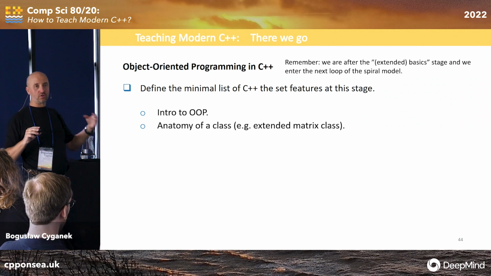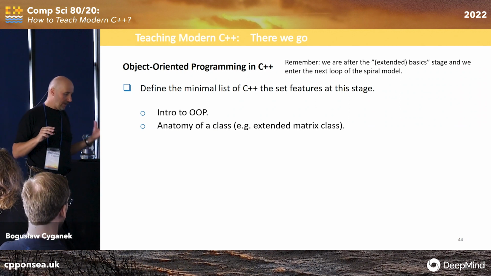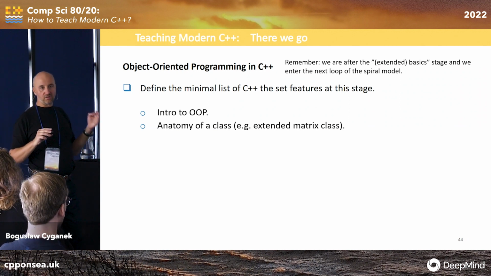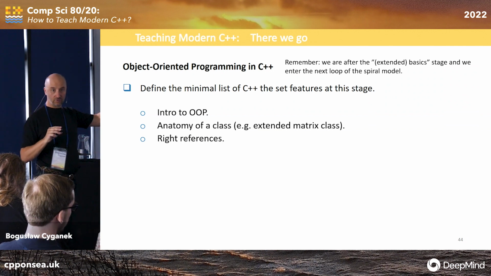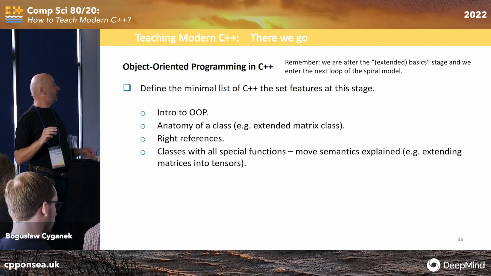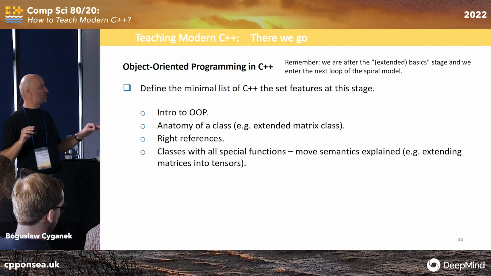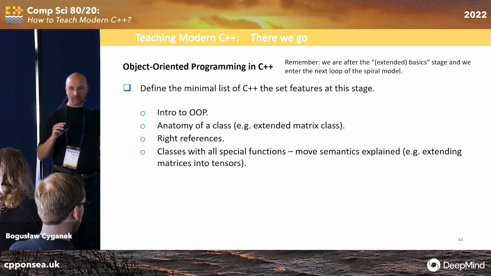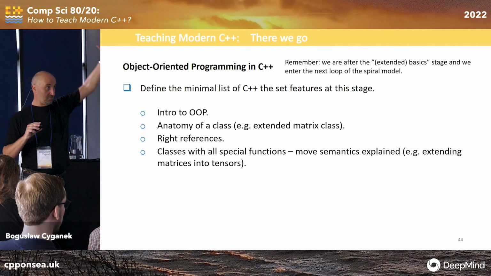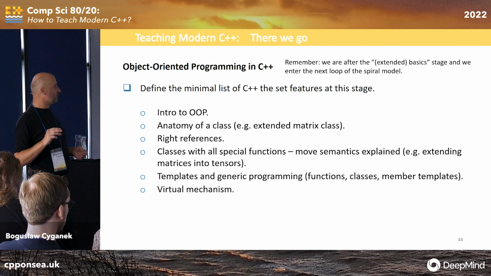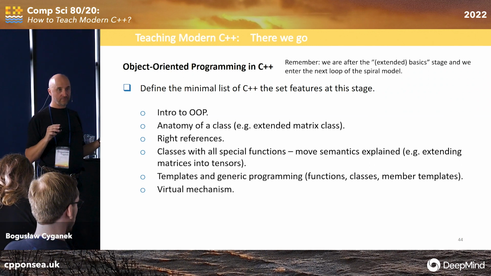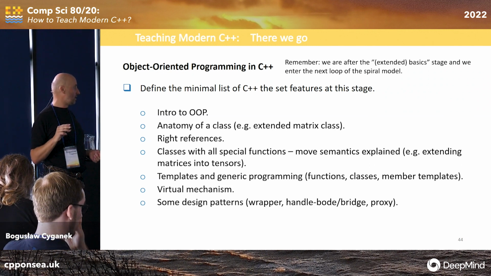So at this point, they should be flexible and comfortable with writing their own classes. Rvalue references, but not necessarily forwarding references at this time. Classes with all special functions, and move semantics explained at this point. Remember, this is the third level of teaching. Templates, generic programming. Virtual mechanism after that, at least in our schedule.